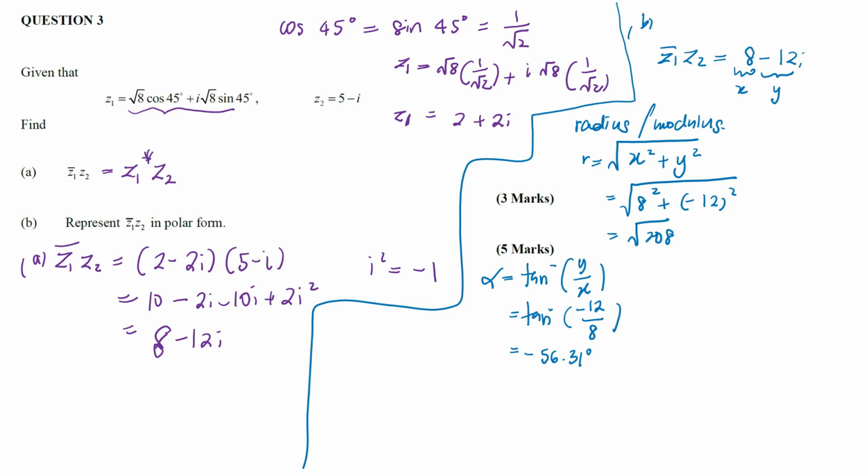Let's illustrate the position of this coordinate. This is x, this is y, x is positive 8, y is minus 12. Okay, so the coordinate is somewhere over here.